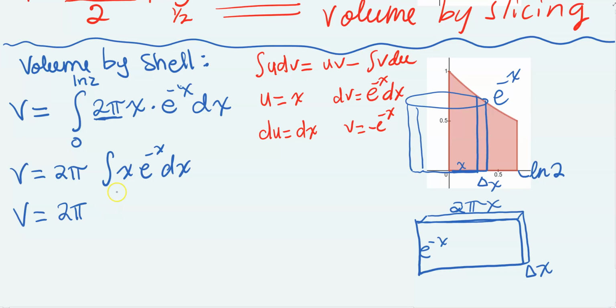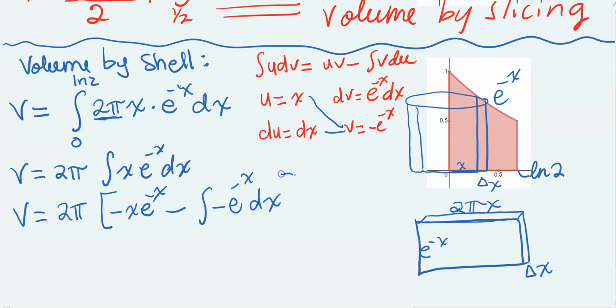And then here we would have u times v, which would be negative x e to the negative x minus the integral of v du, negative e to the negative x dx. Okay, and don't forget we're kind of ignoring the limit of integration there, and we're going to go ahead and put that in at the end, right?